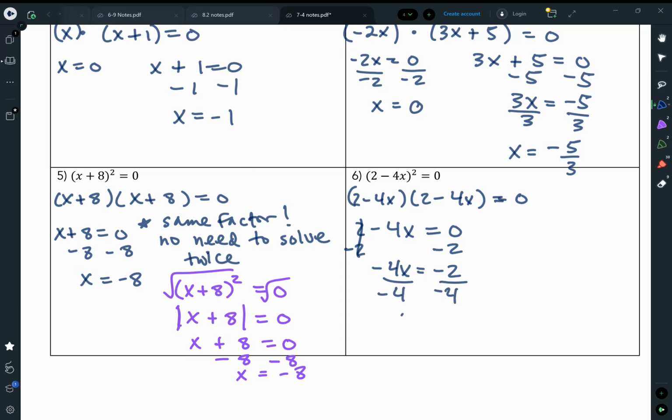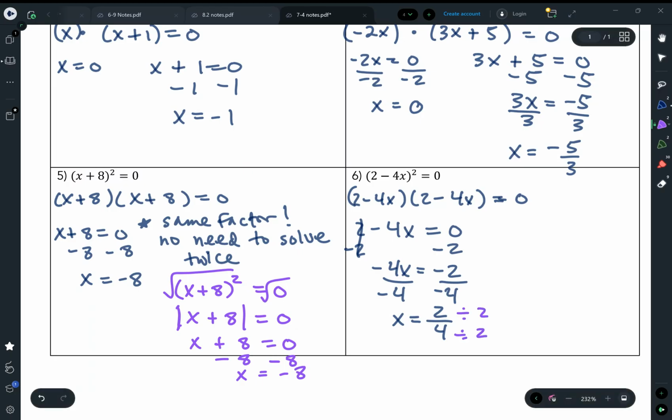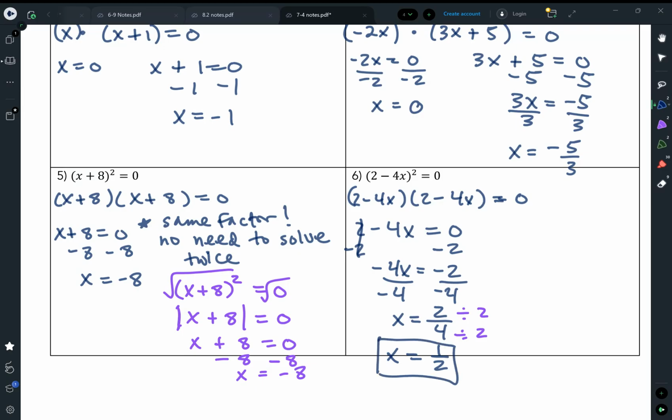So negative divided by negative is going to be a positive 2/4, but then we can reduce that. So remember, we can divide the top and bottom of the fraction by the same thing, so we're going to divide them both by 2. And then we would have x is equal to 1/2. So 2 is half of 4, 1 is half of 2. This is how I would simplify that down. So we might have some fractions to simplify.